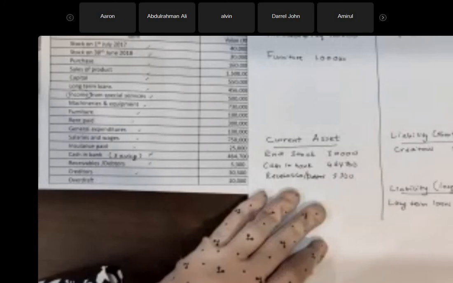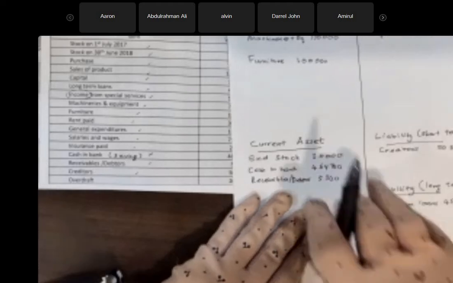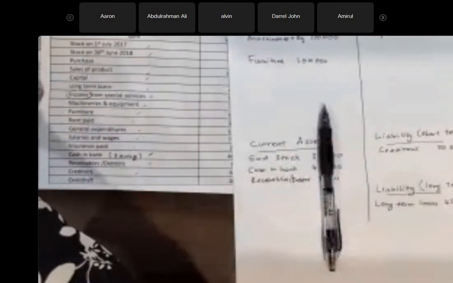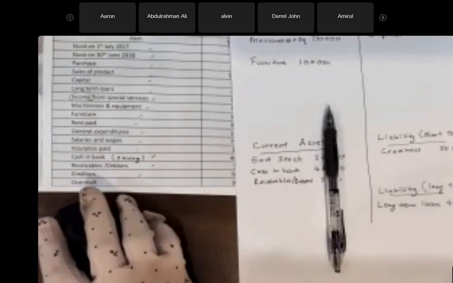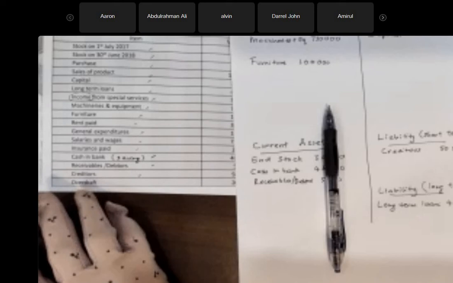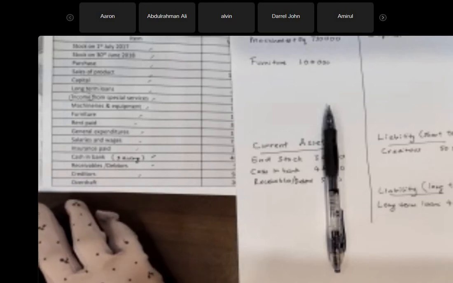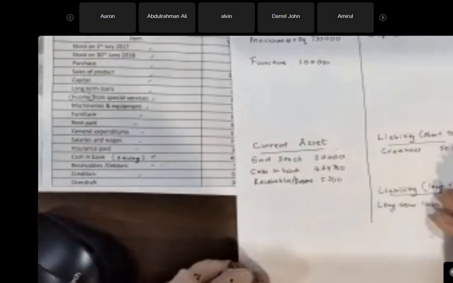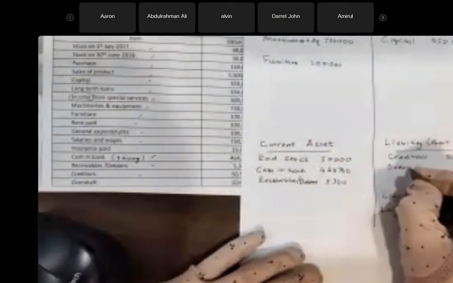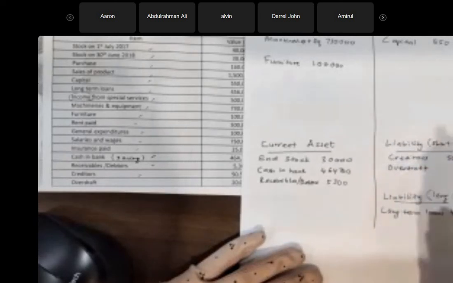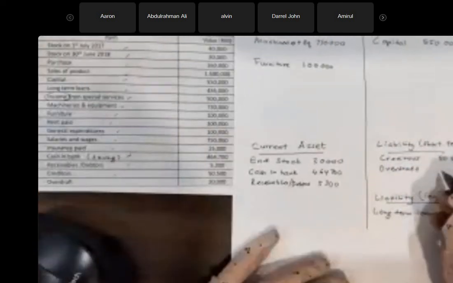Just like an ahlong actually. Okay, overdraft. Short term liability overdraft, 20,000.